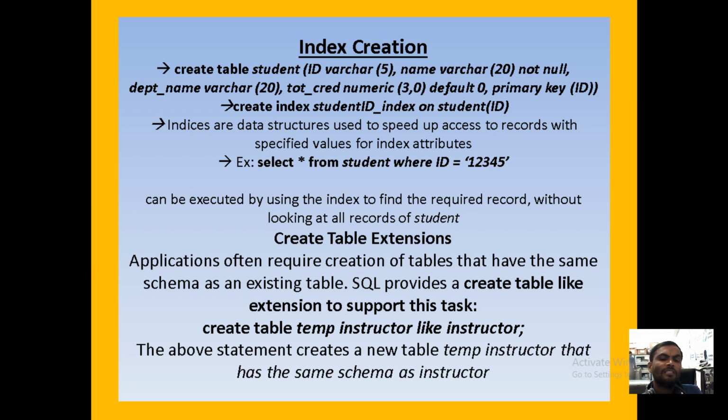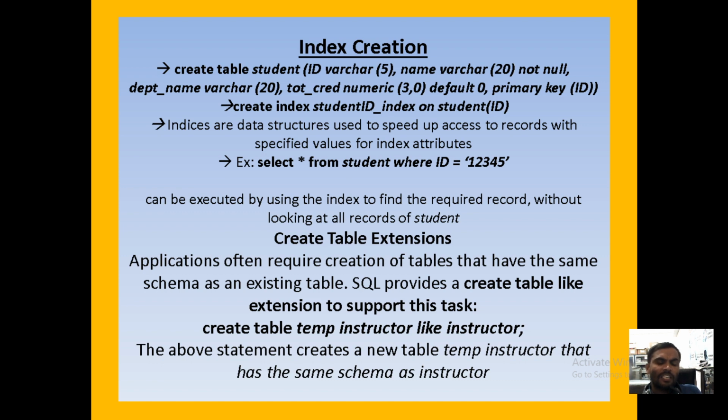Table level means that at the end of the columns, if you are defining the constraint, we call it a table level constraint. When you define NOT NULL at the column level, it works at the column level only. Actually, constraints can be defined in two ways: with column level constraints or table level constraints.